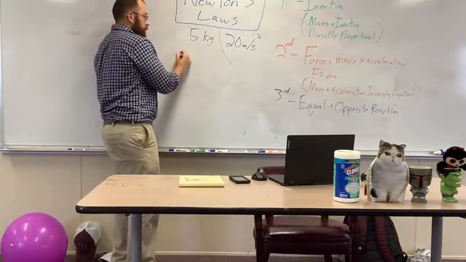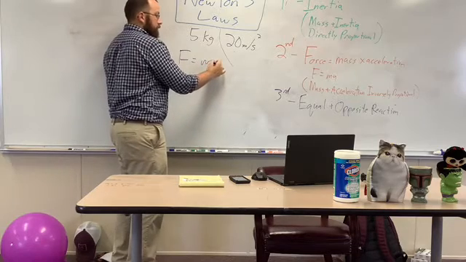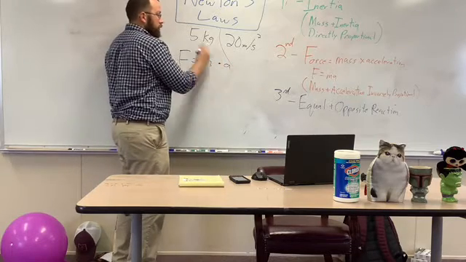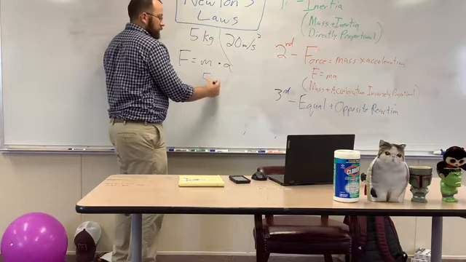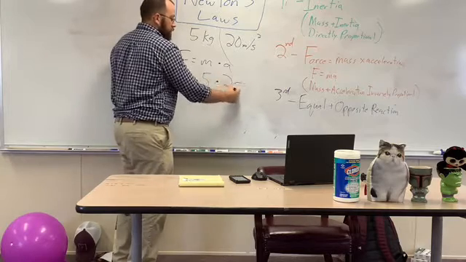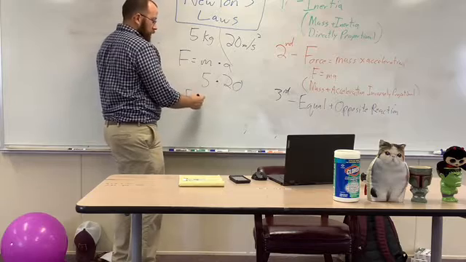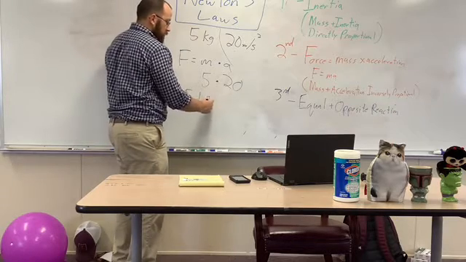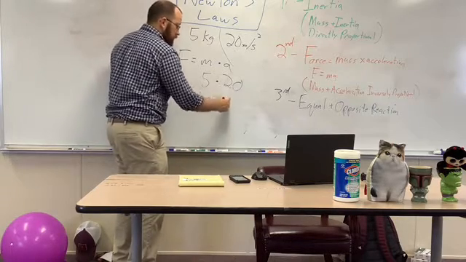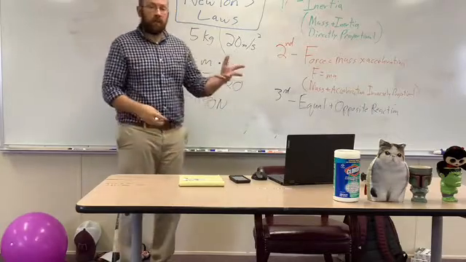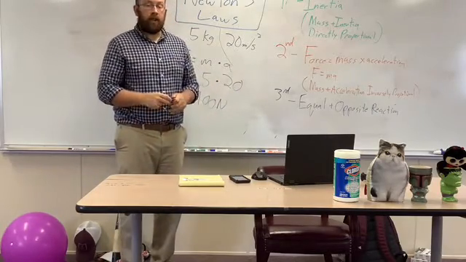So force equals your mass times your acceleration. So I put my mass in, and then my acceleration. So 5 times 20, so my force was 100 newtons to throw it over there. Alright?